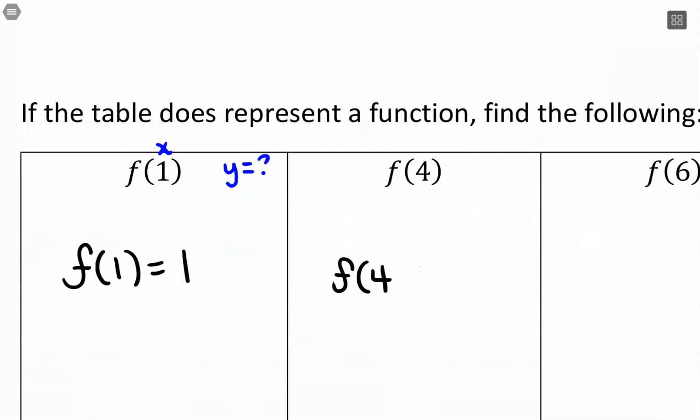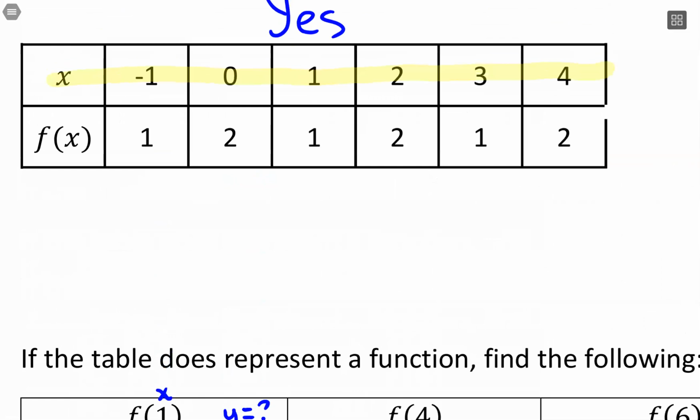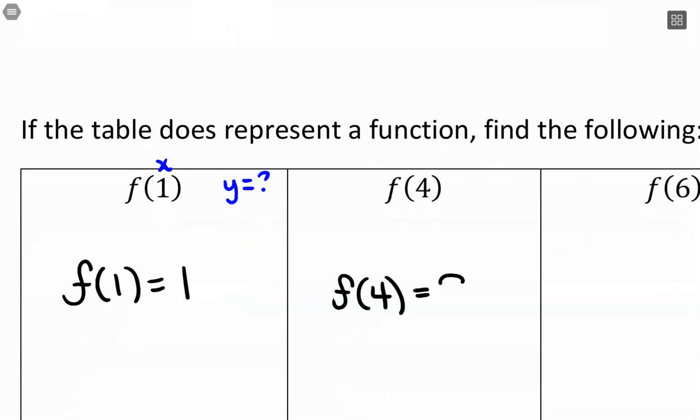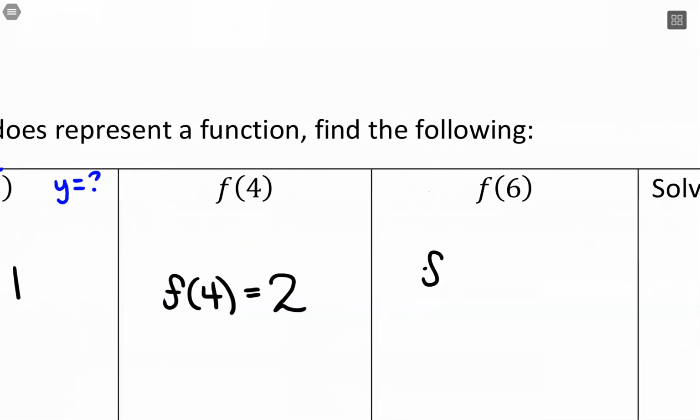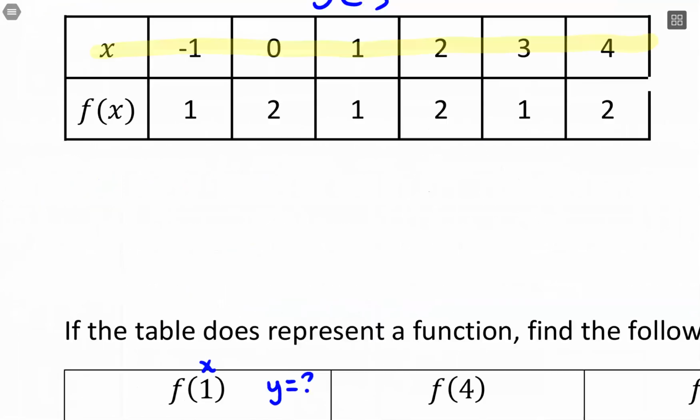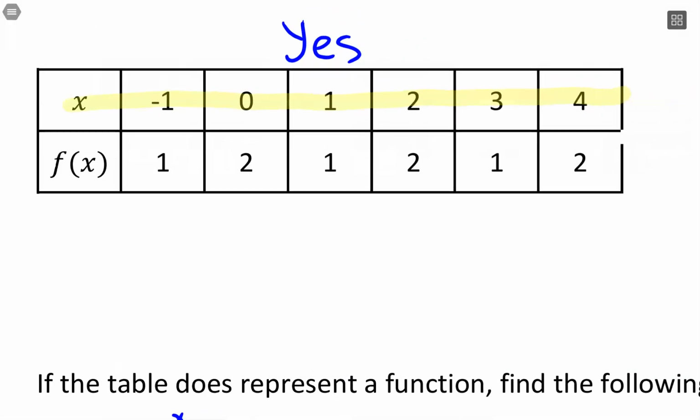F of 4. So we're looking at x equals 4. I just look for my x value, and then I just want to write down the matching output, which is the positive 2. So we can see our coordinate 4, 2. F of 6, we'll look for x equals 6, but what we'll notice is on our table, we don't have x equals 6.